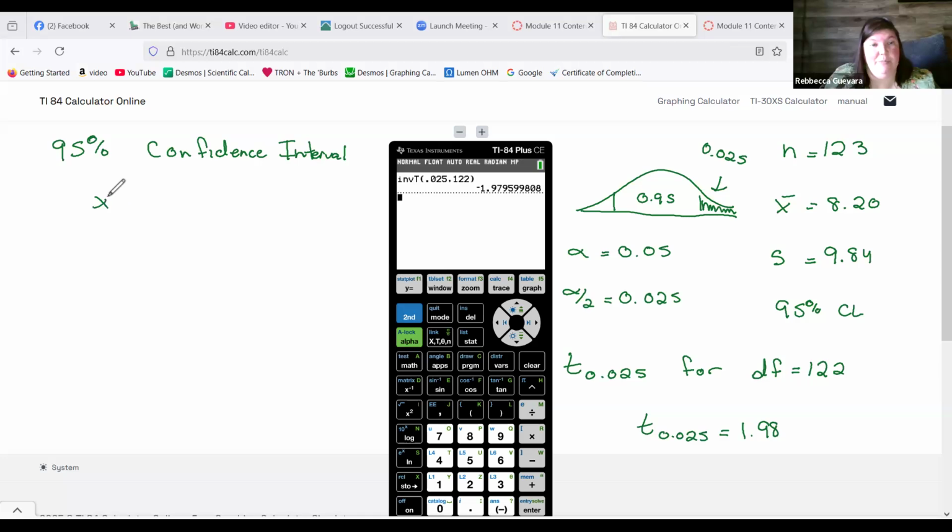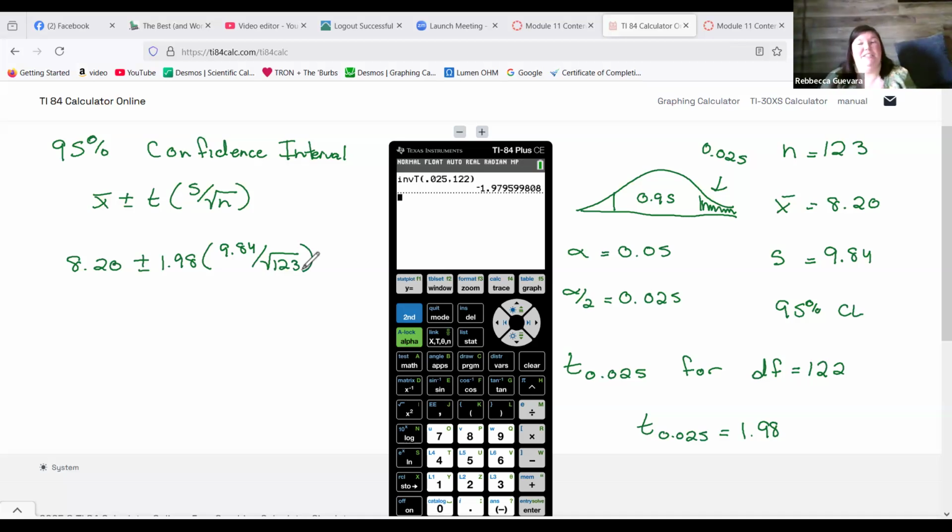We're going to have X bar plus or minus the t-score times the sample standard deviation divided by the square root of the sample size. So our mean was 8.2 plus or minus T, which is 1.98, times S, which is 9.84, divided by the square root of your sample size, and my sample size was 123.